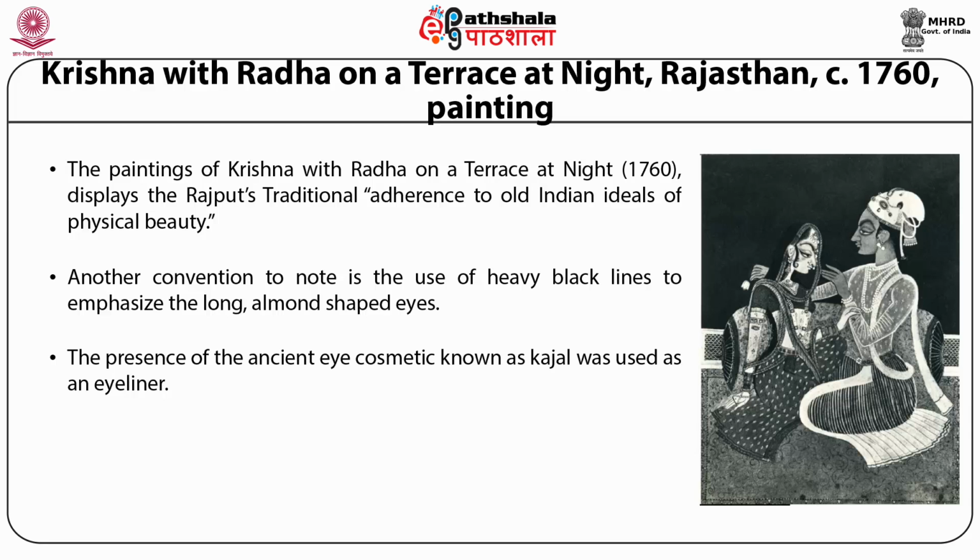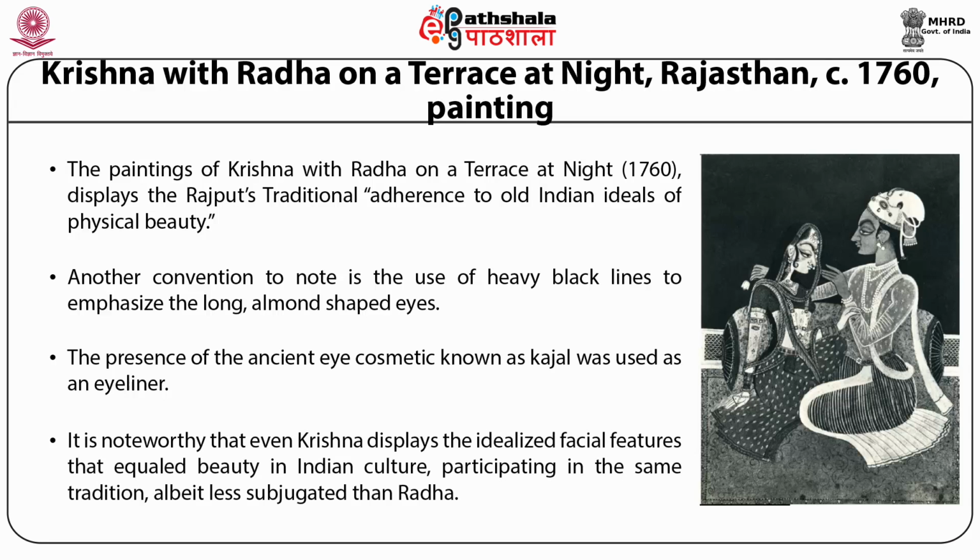The Koli used kajal as a cosmetic. It is noteworthy that even Krishna displayed the idealized facial features that equated beauty in Indian culture, participating in the same tradition, albeit less subjugated than Radha.